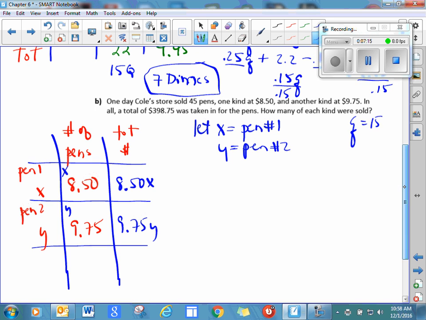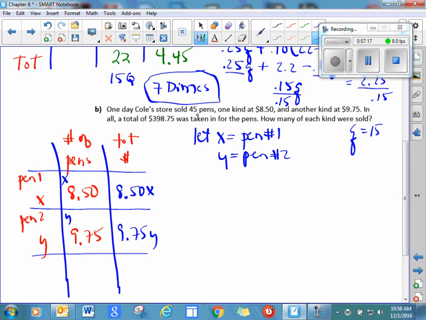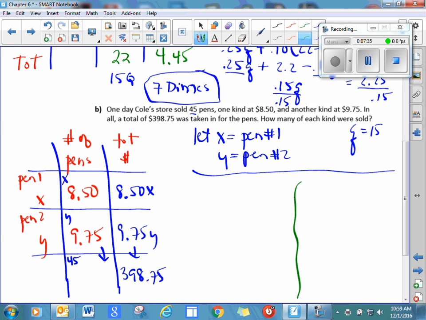So once we've got this, we go and we look at the information they give us. This X plus Y is going to equal 45, and the total value is going to equal $398.75.